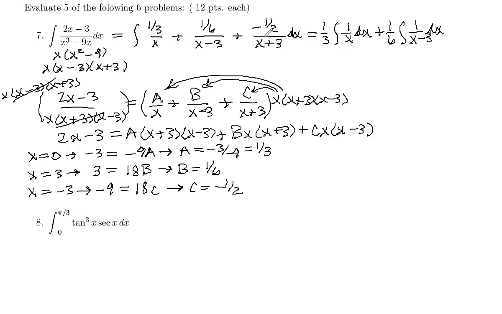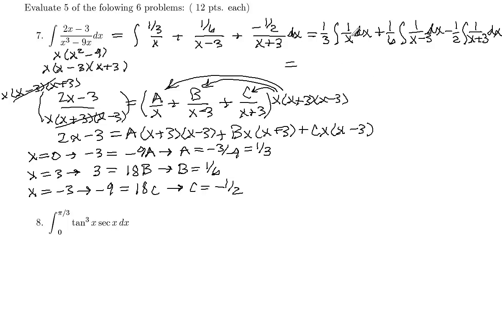And then the last term, negative 1/2 comes out, so minus 1/2 times the integral of 1 over x plus 3 dx. My 3 is kind of scrunched in there. There we go. And now these are not hard integrals.